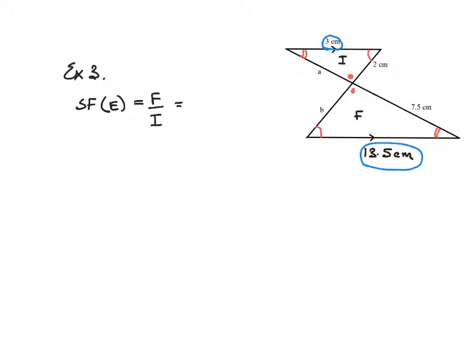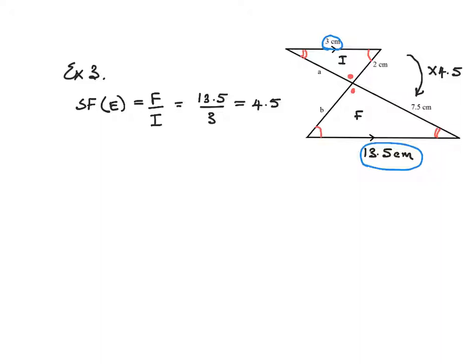Those are the sides which correspond. 13.5 on top and 3 on bottom gives us a scale factor of 4.5. What does that mean? It means that to get from the smaller triangle to the larger triangle, we multiply all the dimensions by 4.5.